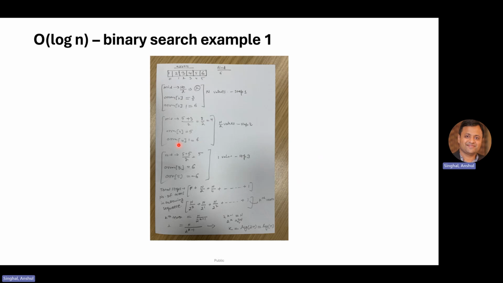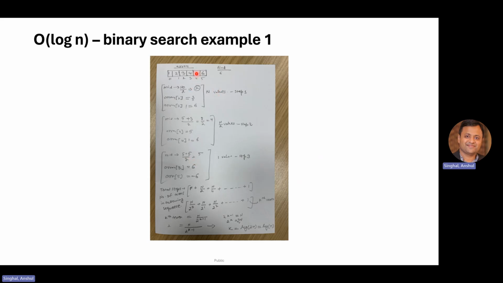So again, we have to shrink the array, right? We are at position 4, and we know that the number at position 4 is 5, and my original number to find is 6. So it's going to be in the right hand side, right?